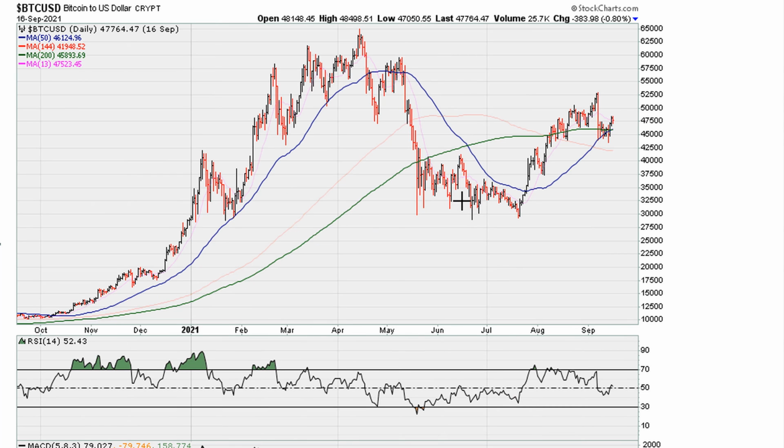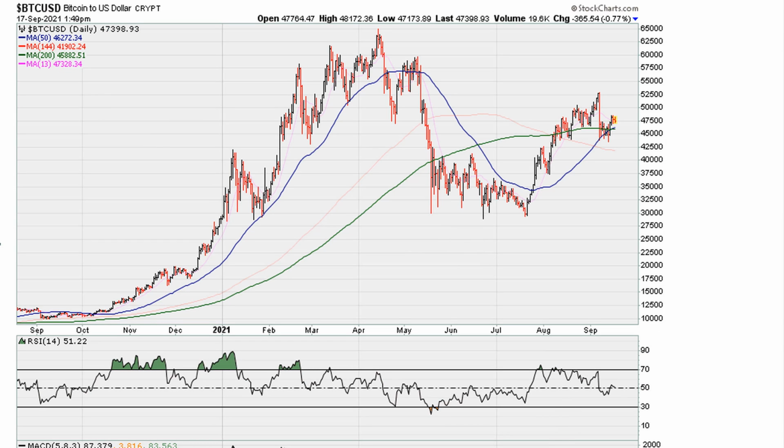But for now, the pressure, generally speaking, tends to be that things are pointing down because of that RSI 50 crossing. If we take a look at Bitcoin's close, now you might think they're not related, but they do move in a general trend. So for yesterday, September 16th, the RSI for BTC happened to close at about 52.43. And if I update this to capture the daily move for today, the 17th of September, we can see that now the RSI is at 51.22.